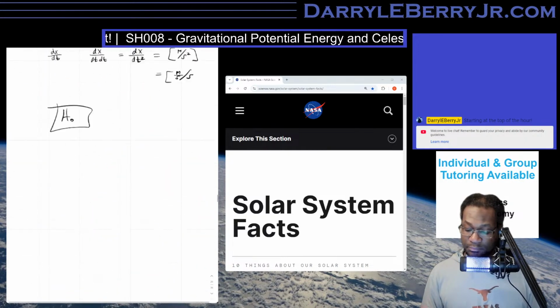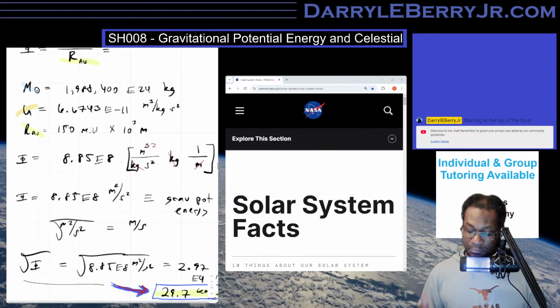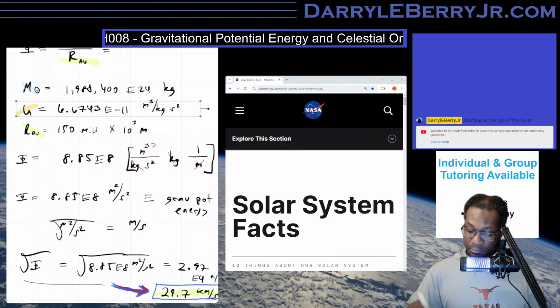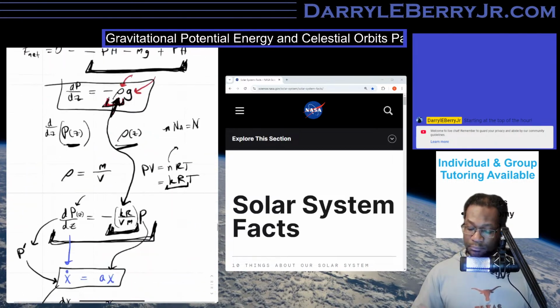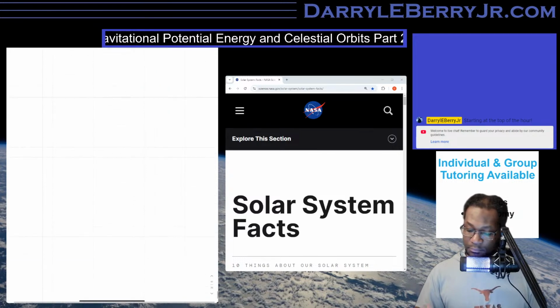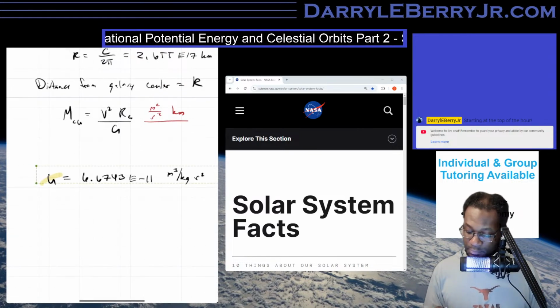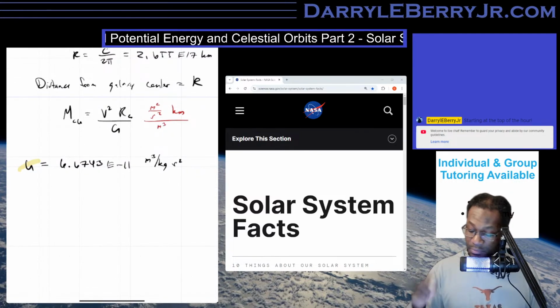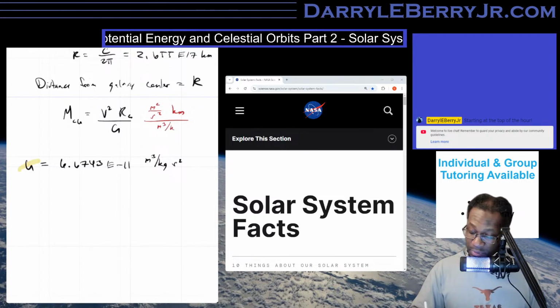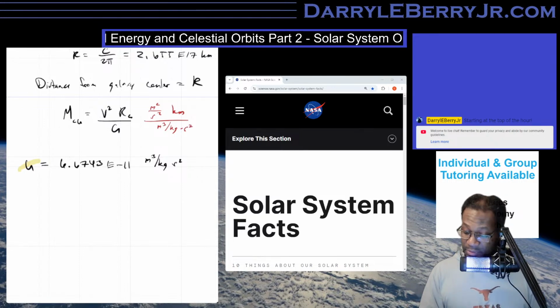G is meters cubed over kilograms times seconds squared. The seconds squared will cancel, the meters cubed on top and here will cancel, and that will leave us kilograms.